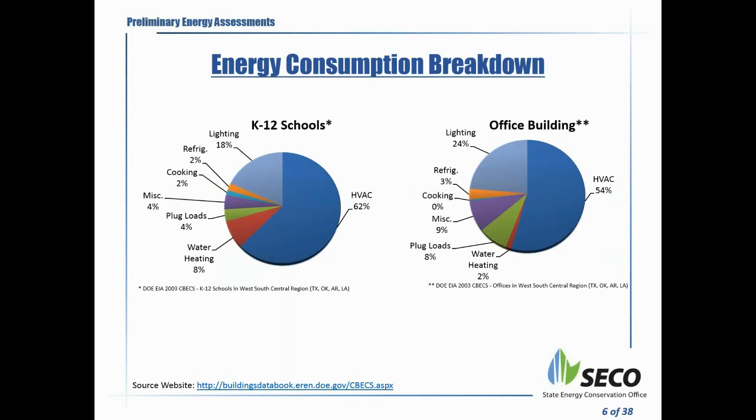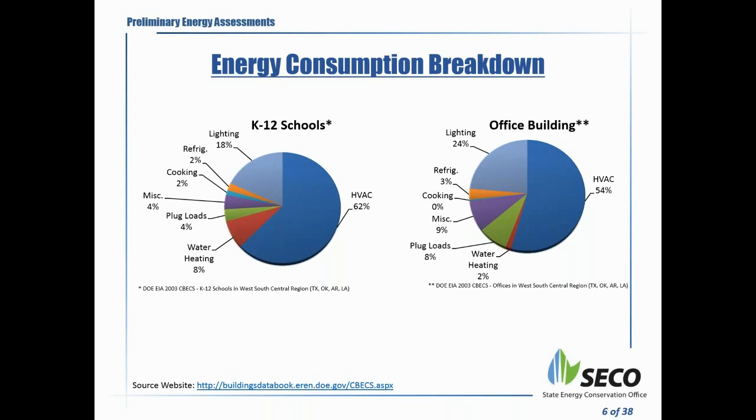Just before you do any energy audit, or we get into detail of the PEA process, I wanted to give you a quick overview of how the energy distribution is within a given facility. On the left is a K-12 facility, schools and so forth, and on the right side you will see the office building, which could be different commercial offices or local government offices.